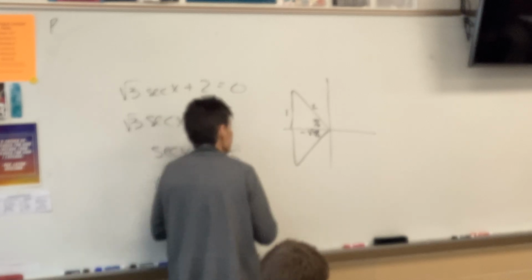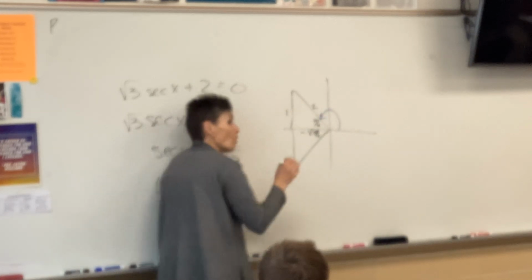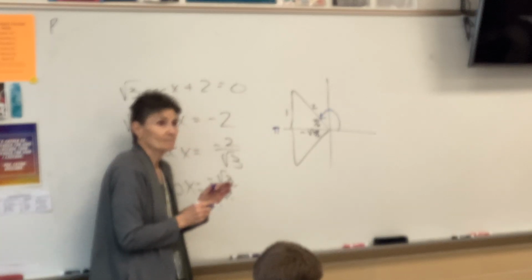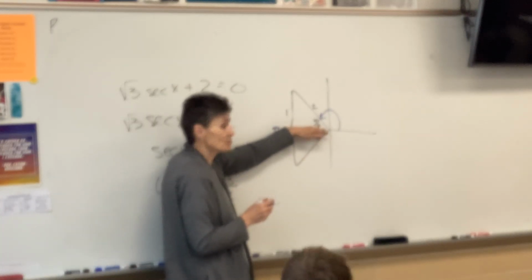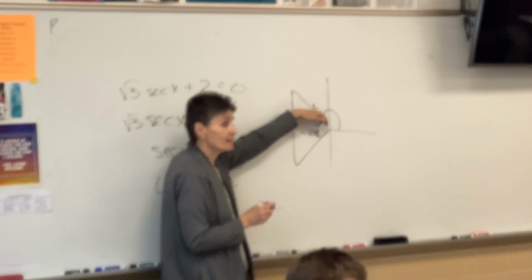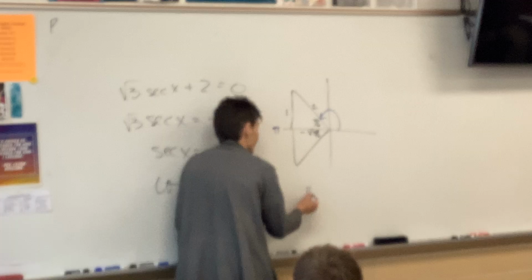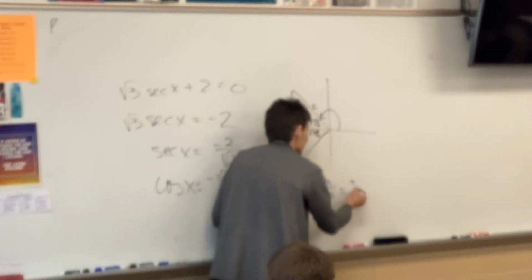So now I need my blue angle. Don't make this hard. This is pi. This one's going to be pi minus a sixth, which is 5 pi over 6.